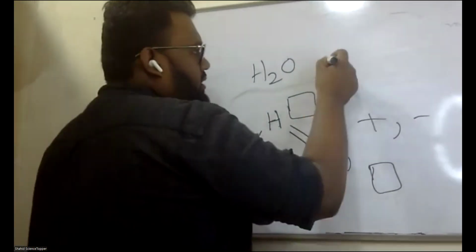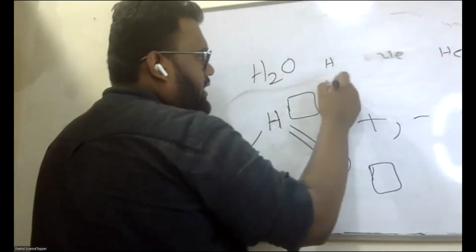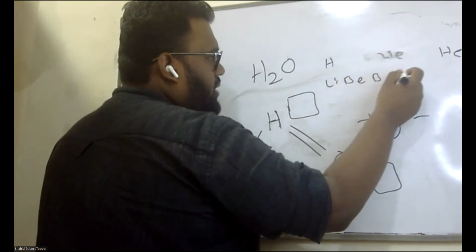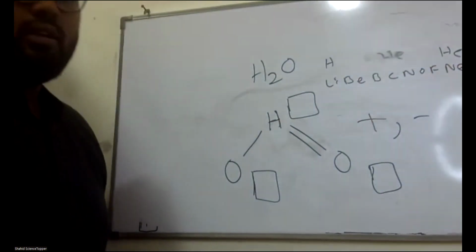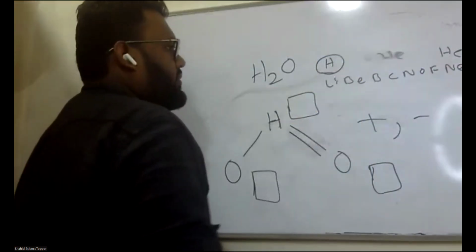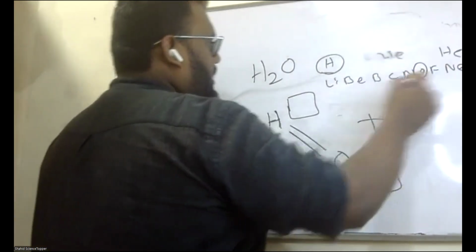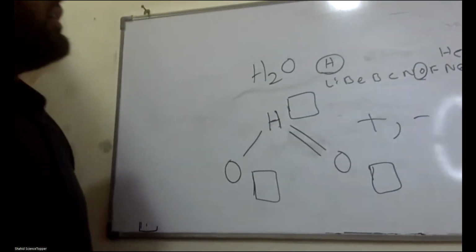Hydrogen, helium, lithium, beryllium, boron, carbon, nitrogen, oxygen, fluorine. Now you know hydrogen is somewhere here and oxygen is somewhere here. So who is more to the right?